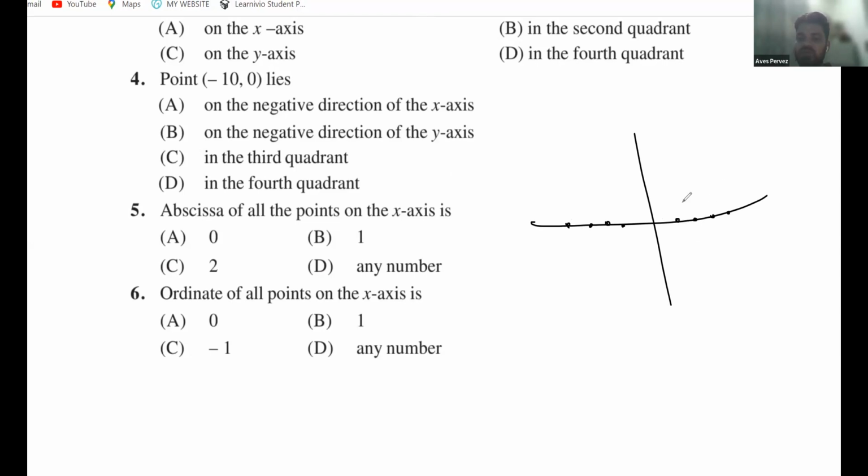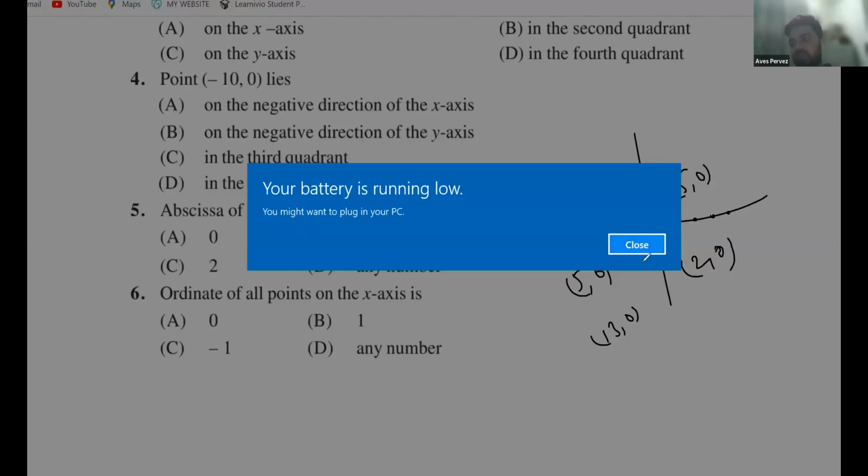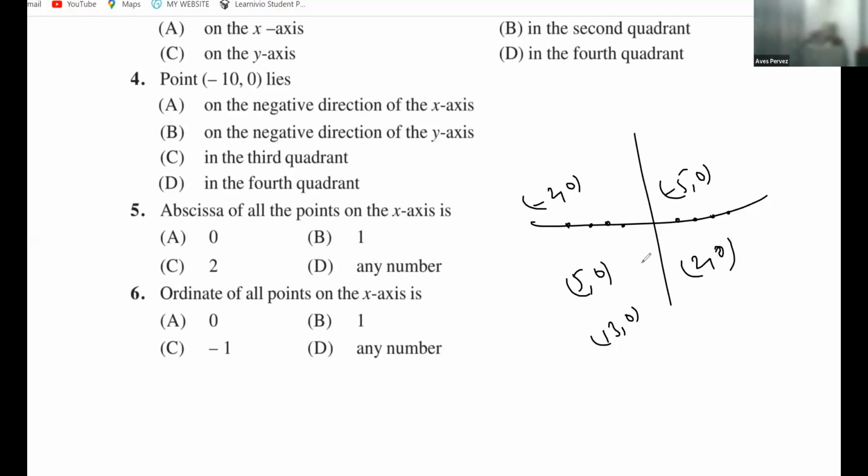It can be 2, it can be 3. On the x-axis, the x coordinate can have any value. For example, (-2, 0), (-5, 0), (2, 0), (5, 0), (13, 0) all lie on the x-axis. So any point it can have. Okay, got it?